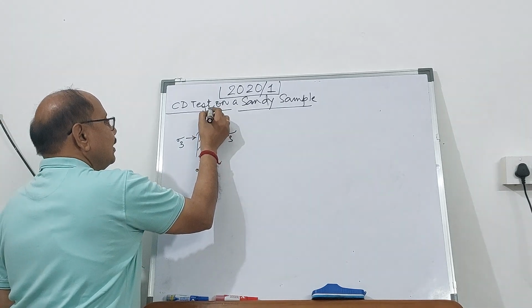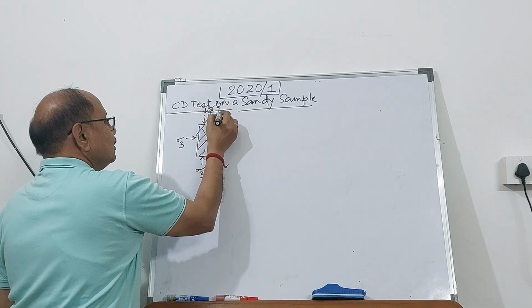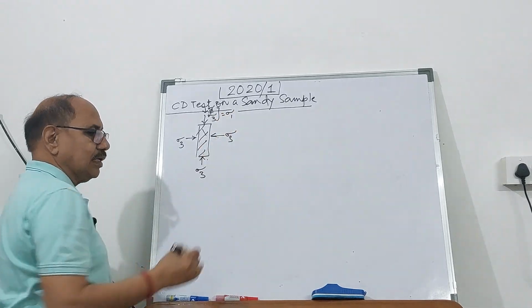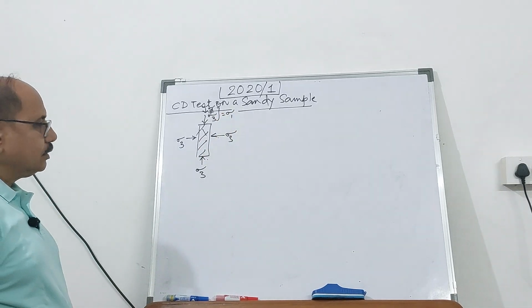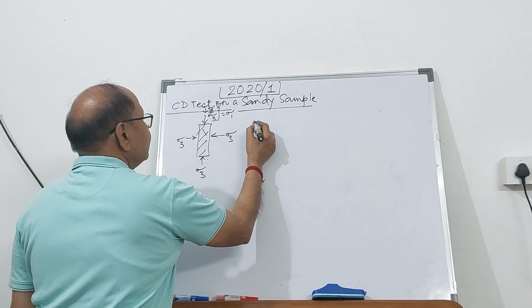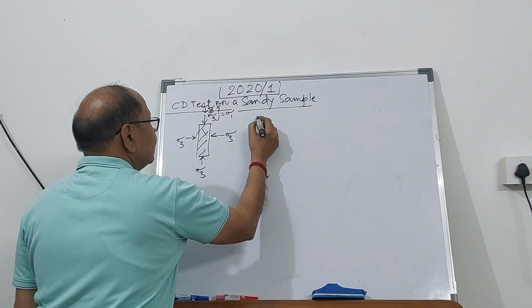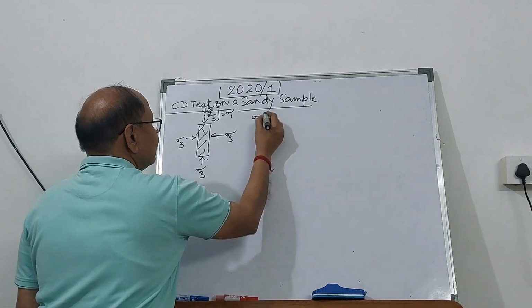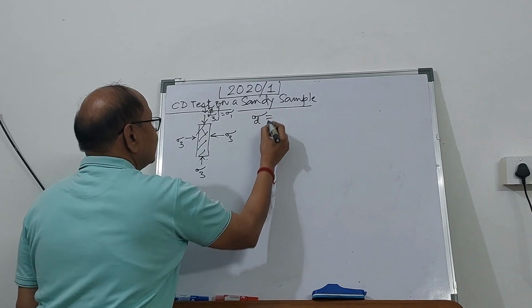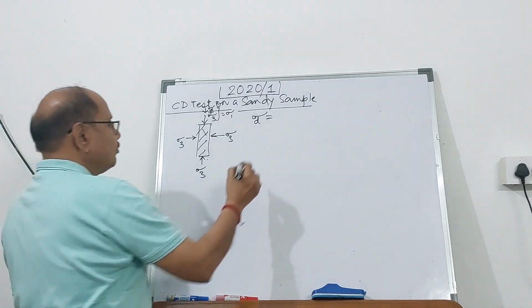So sigma 3 plus sigma d becomes sigma 1. The additional axial pressure for shearing the soil, that is sigma d, is given to you as 150 kilopascal.